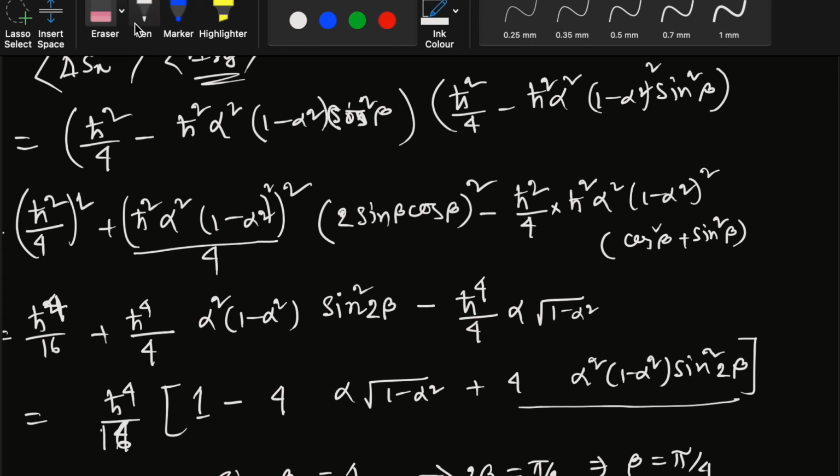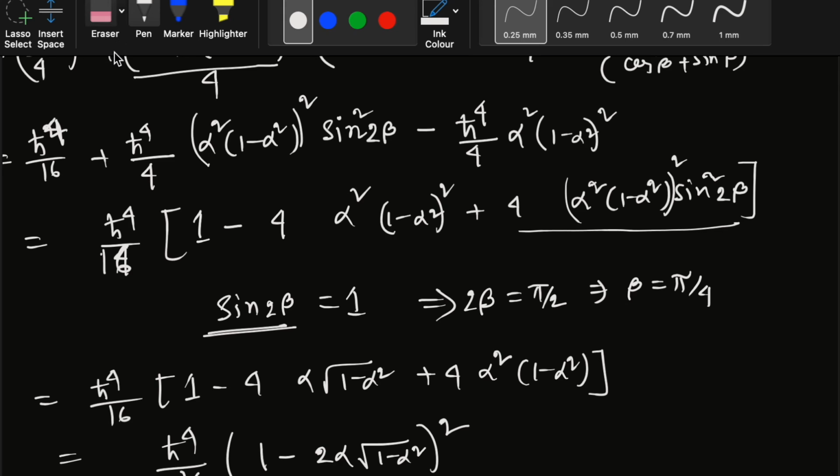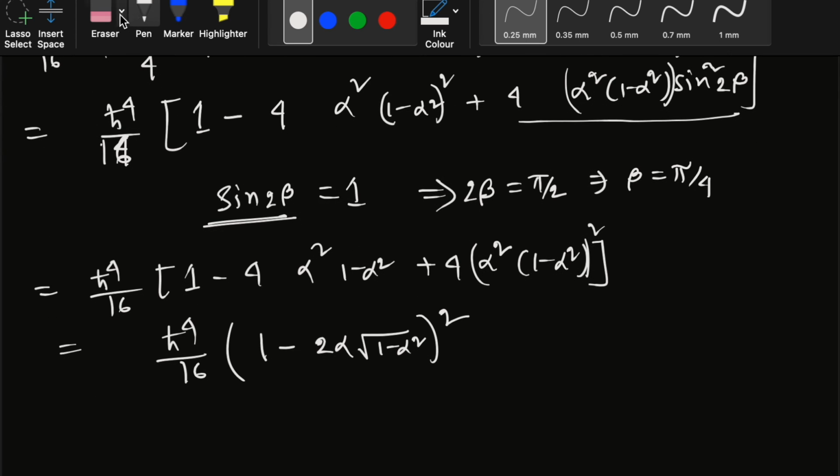These will be to the power square, again these will be square and square, there will be a whole square, and there is a square, and this will be square. So in the final value we'll get this is square, this is whole square. So here what we'll get is its square into 1 minus alpha square.